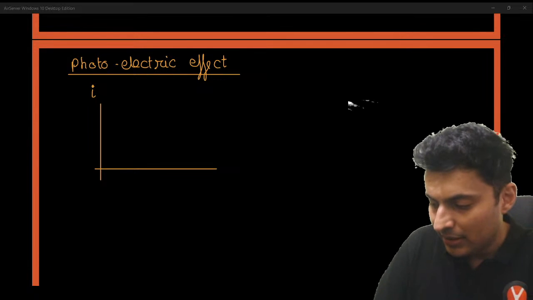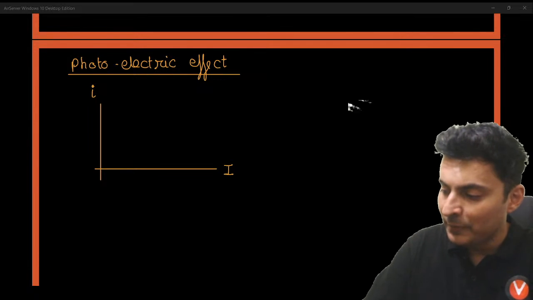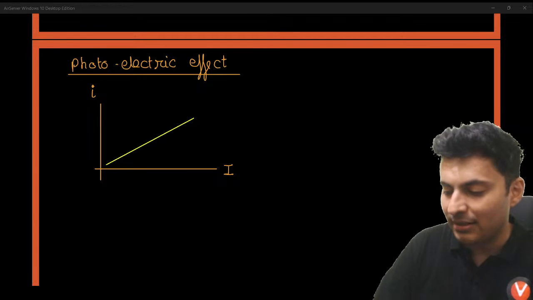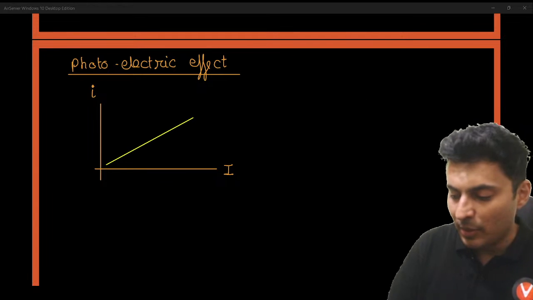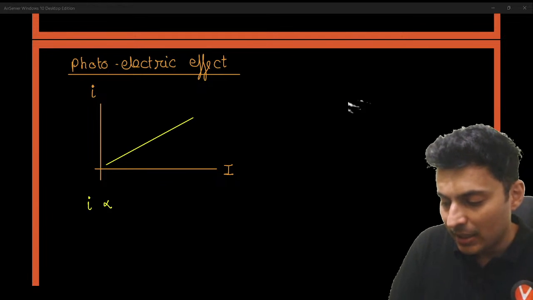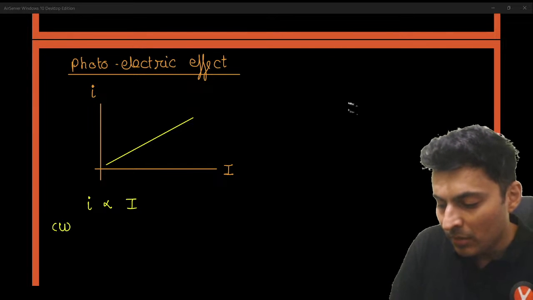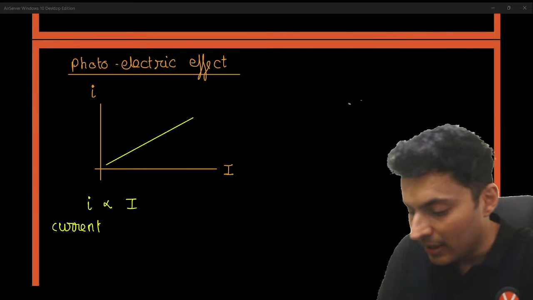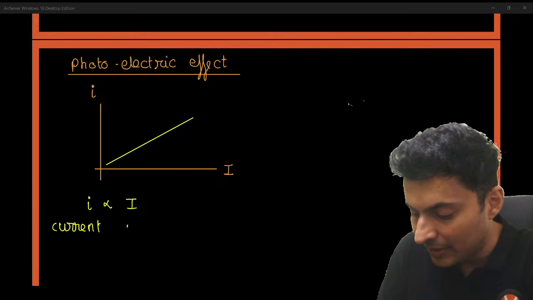That graph is simply a straight line. The current is directly proportional to the intensity. The photocurrent is directly dependent on the intensity of the light.